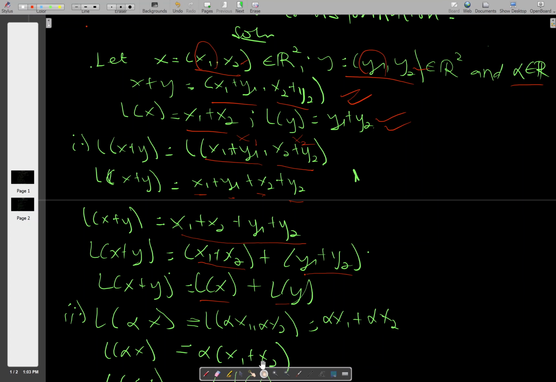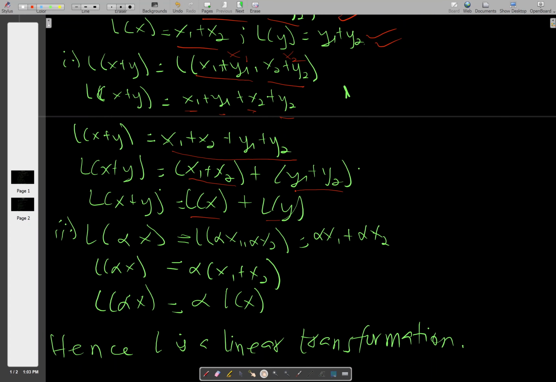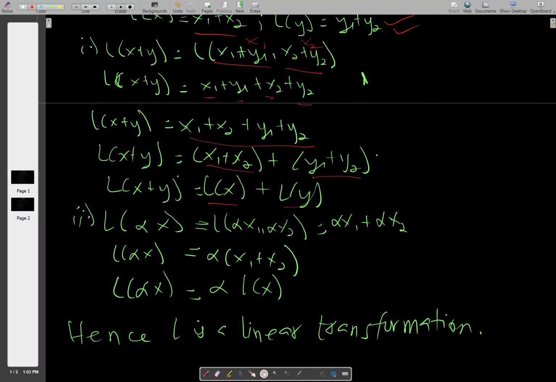Now let's choose a scalar alpha, and a vector x. We know that our vector x is (x1, x2). When we multiply alpha by x, we have alpha times (x1, x2), and this is the same as (alpha x1, alpha x2).